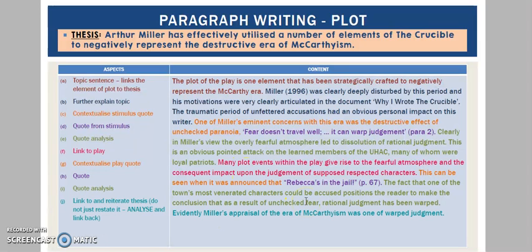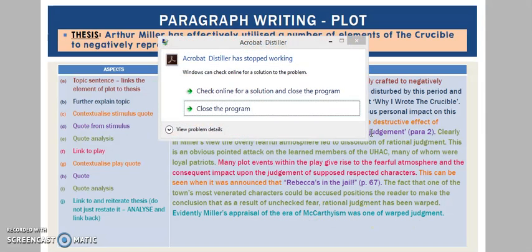Once you have analysed your quote, this is when you then need to link back to your thesis, but also analyse whilst doing that. Okay, so this is where he's brought in the McCarthy era again, and overall what he's thought of it was one of warped judgment, which helps link to his quote that he's given.